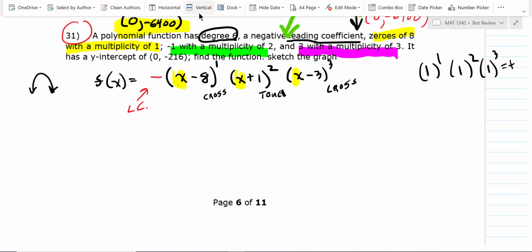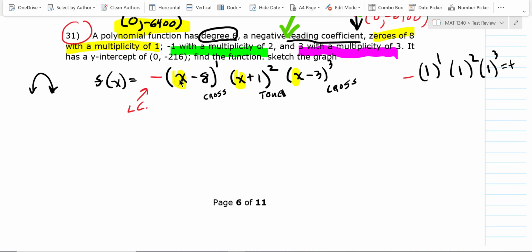If the leading coefficient's negative, you've got two choices. You could make one of these x's negative, but you don't want to mess those up because that'll mess up your zero. So just throw one in the front of everything, and that forces your leading coefficient to now be negative, right?